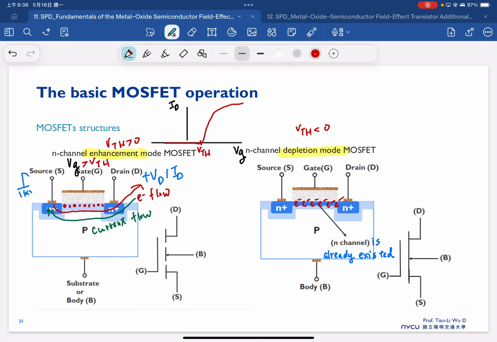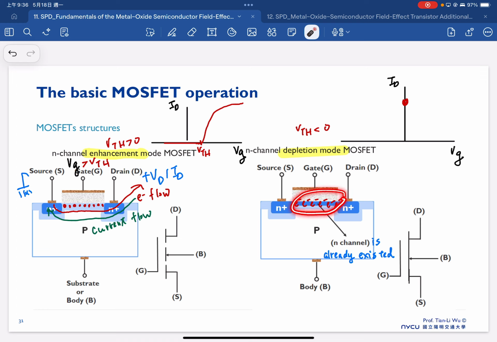If you look at the ID-VG characteristic, so this is the ID-VG characteristic, we will have current at 0 volt. We already have current because the channel already exists. Therefore, at VG equal to 0 volt, the channel is already turned on.